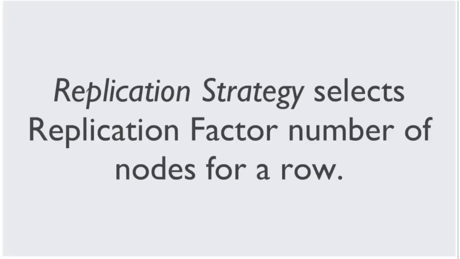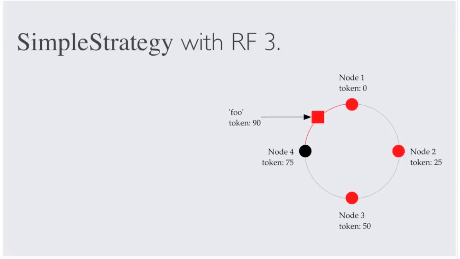But we want more than one replica, so we have this idea of a replication strategy. How do we get from having 1 replica to having 3? How do we choose nodes 2 and 3? There's always a simple way to do it, and in Cassandra that's called the simple strategy.